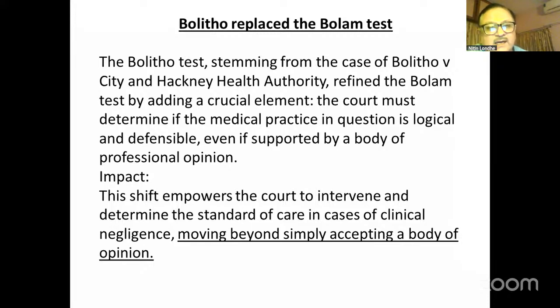This means the patient has been informed about all the possible complications related to the surgery before he signs the consent form. Therefore, there was a shift in how the court looked at consent, from mere information to whether the patient has understood what he is signing. Hence, the Bolitho test subsequently replaced the Bolam test.